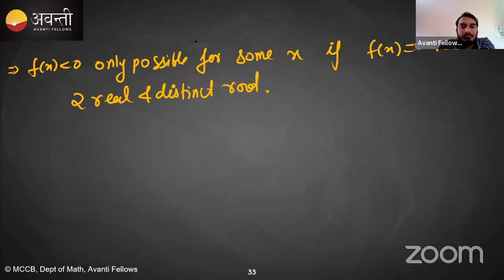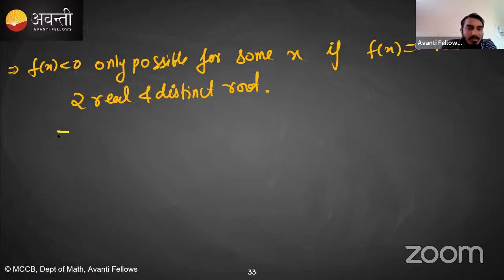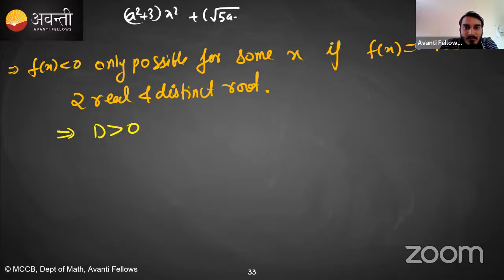Is this clear? So it means D should be greater than 0. So what was the quadratic expression? (a square plus 3) x square plus root of (5a plus 3) x minus 1 by 4 less than 0, right?